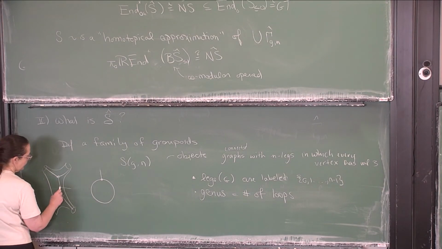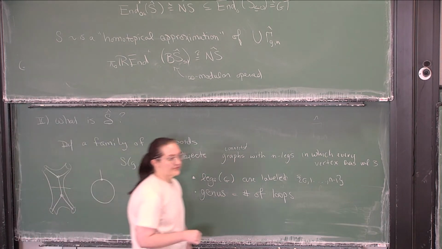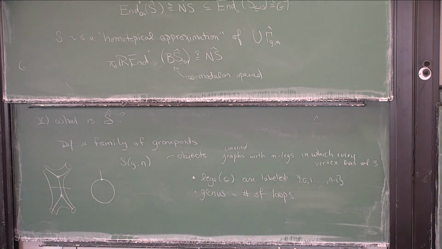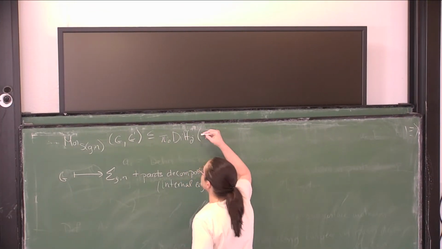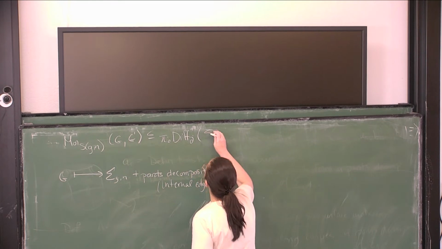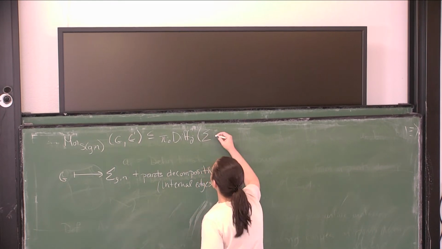And each internal edge is going to be a curve of a pants decomposition. So then my morphisms are going to be a subset of boundary preserving diffeomorphisms of an associated surface.